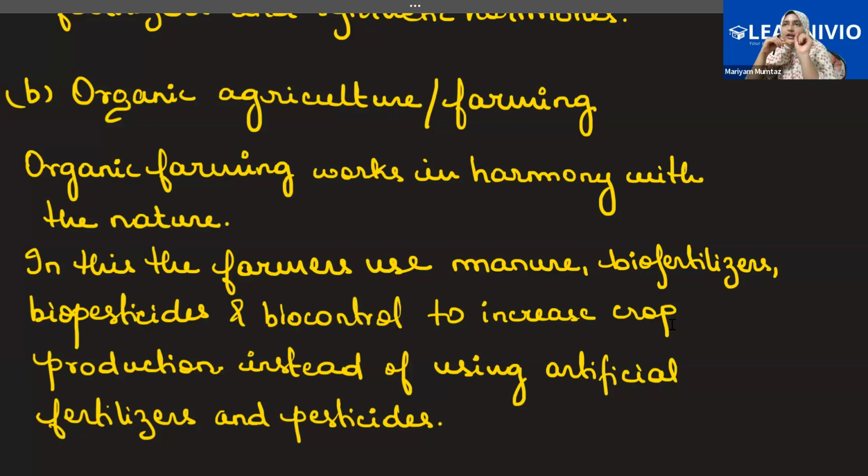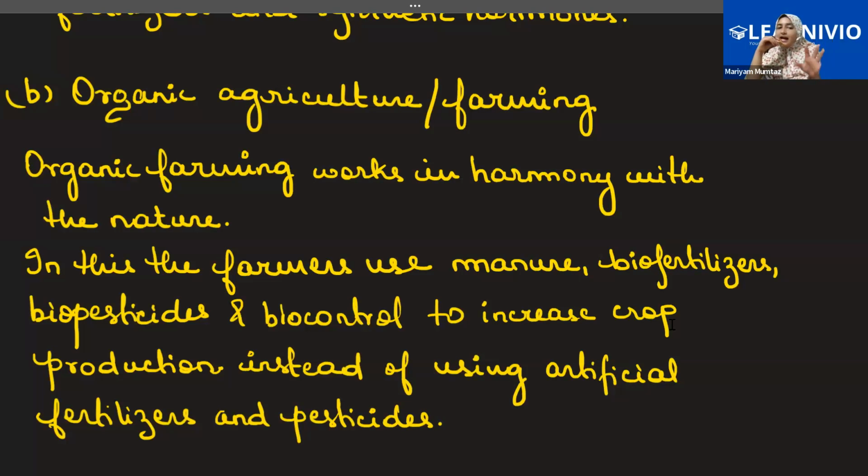And we do know that even if fertilizers and pesticides help the crop production be good, it is very harmful for us because it is chemical, right? If it gets inside our body, then a lot of diseases can be caused. If it goes into the deeper layers of the soil, then it will cause soil pollution also.